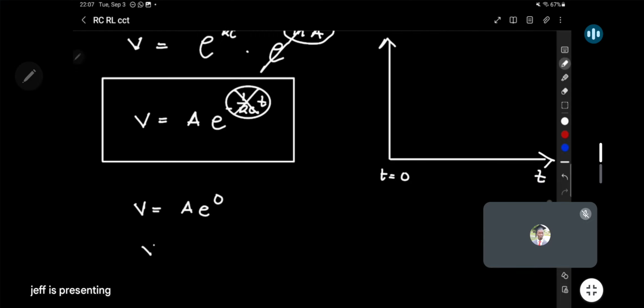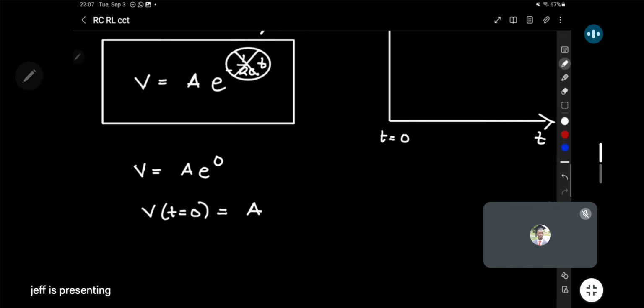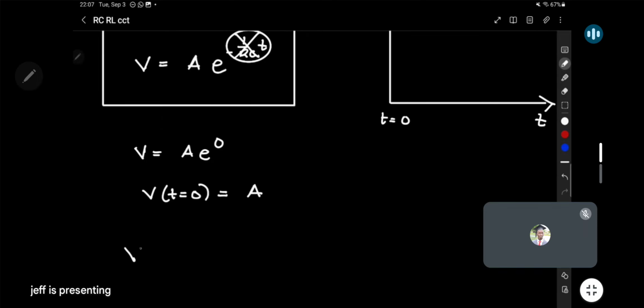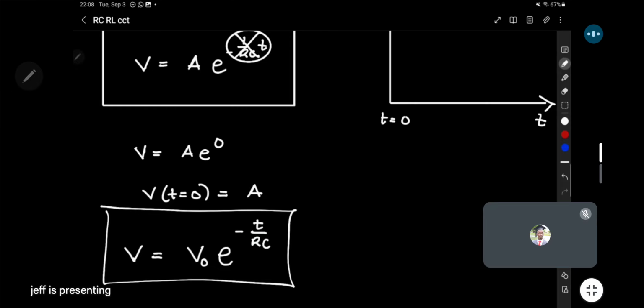We see that when t is equal to 0, the voltage we will get will just be that constant we chose as A. What does this imply? It tells us that the voltage response from a capacitor is equal to the initial voltage when t is equal to 0, multiplying the exponent of minus t over RC. This is the expression we're going to get.